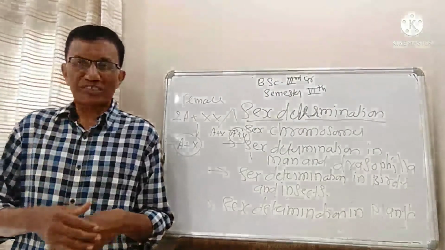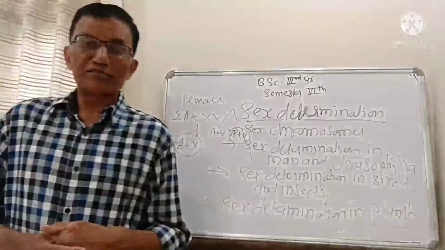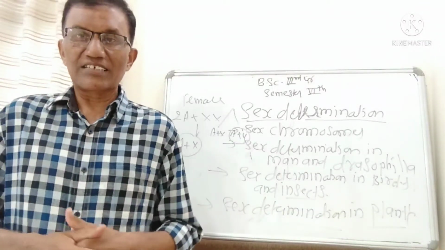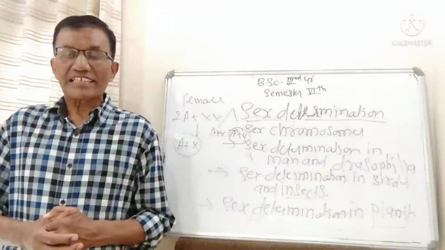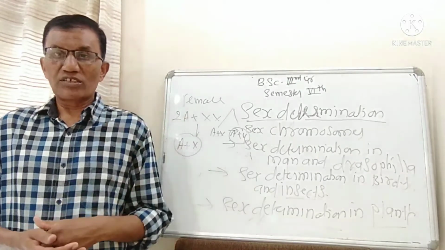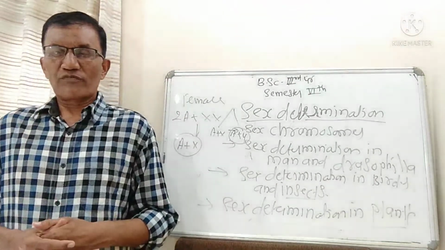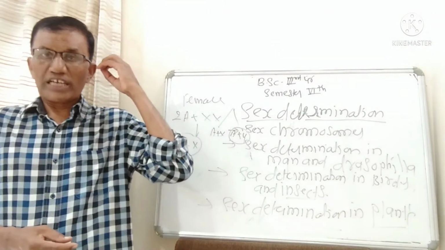They may be present on the X chromosome. If they are present on the X chromosome, it is known as X-linked inheritance. If they are present on the Y chromosome, it is Y-linked inheritance. For example, the presence of hairs on the ear pinna is due to Holandric genes, which are present only on the Y chromosome.